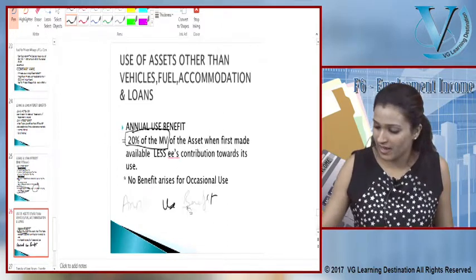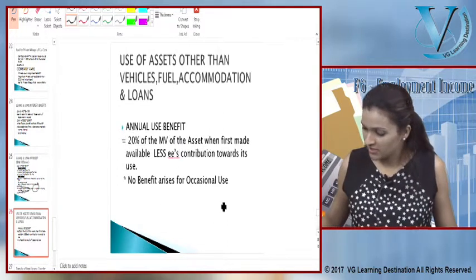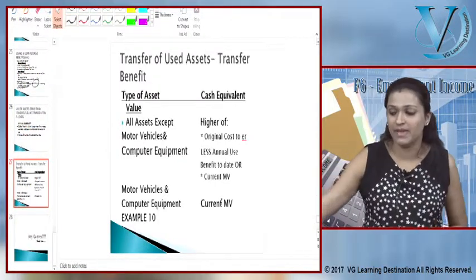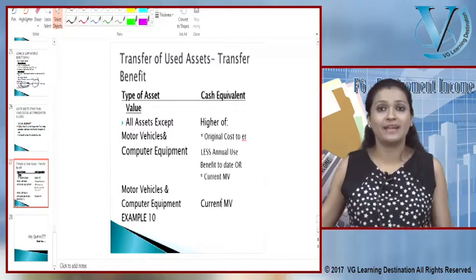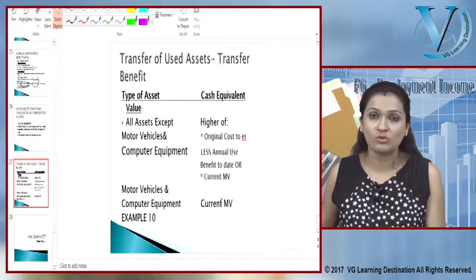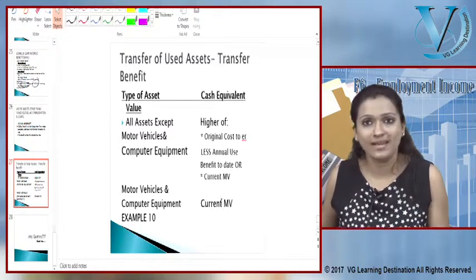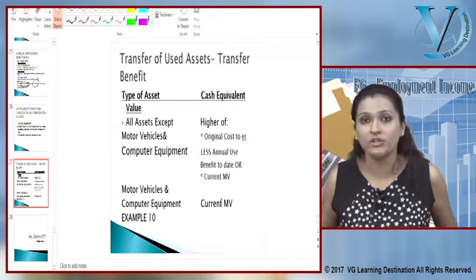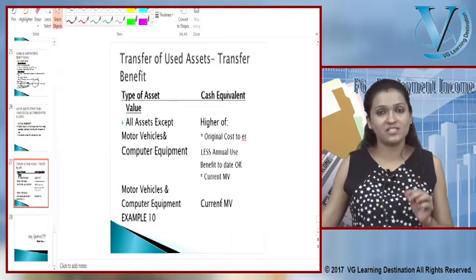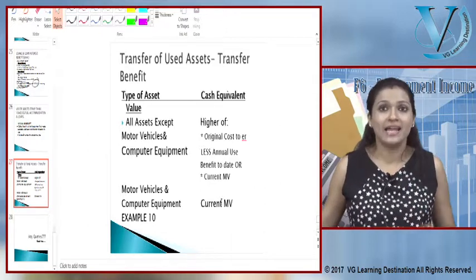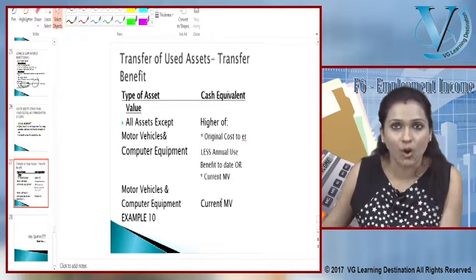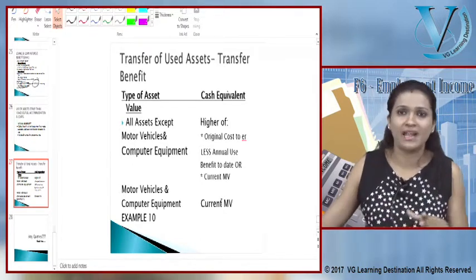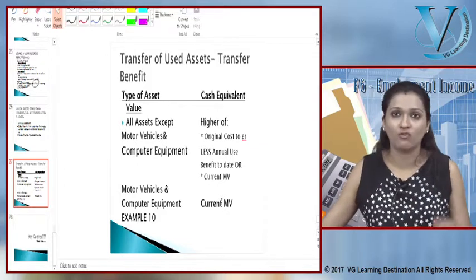So now let's have a look at these rules. What is the type of asset value that there can be, and what is the cash equivalent if, apart from usage in the normal life, there is a transfer benefit which is also going to arise? That arises when the actual used asset gets transferred to the employee itself at the end of X number of years, which is usually like the end of the useful life of the asset.